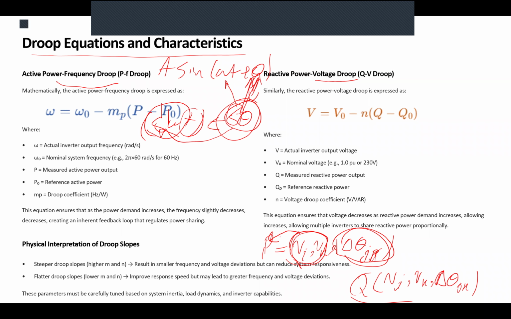Q is reverse. The deviation in the phase angle has much less effect on the dynamic of Q than the deviation of these two voltages. Okay?